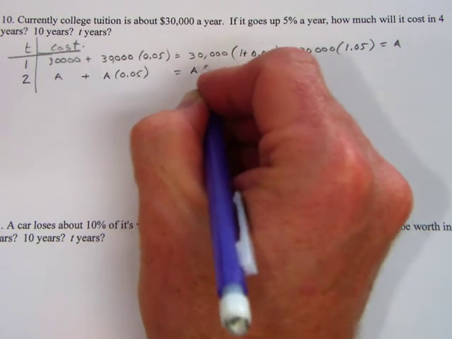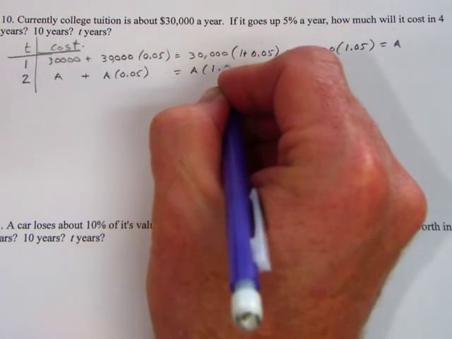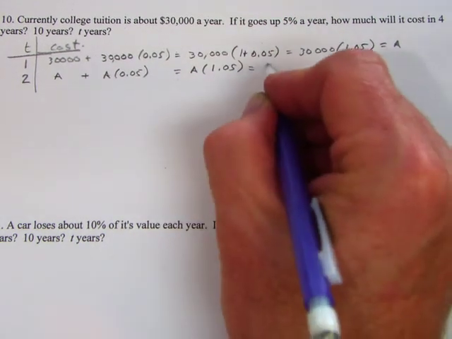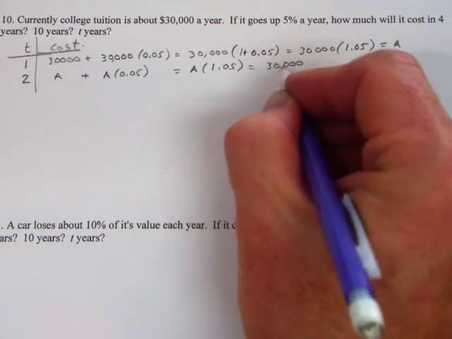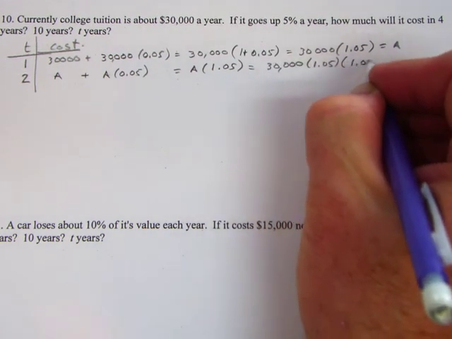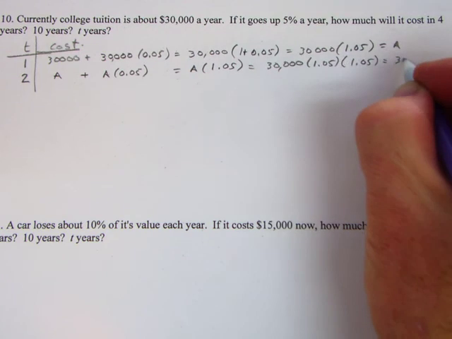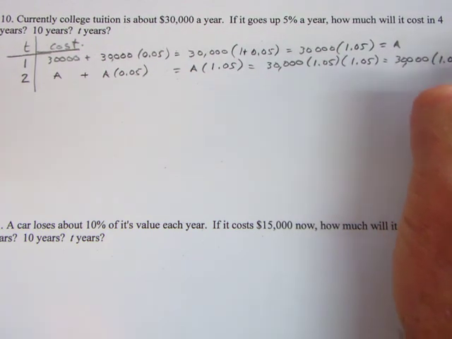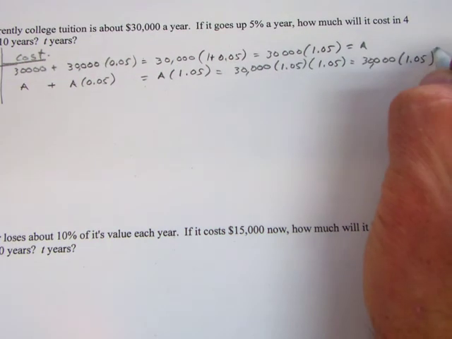Similarly, I can factor out the A, and I'll get 1 plus 0.05, or 1.05. What is my A? A is 30,000 times 1.05, and I'm going to multiply that by another 1.05. So I get 30,000 times 1.05 squared.